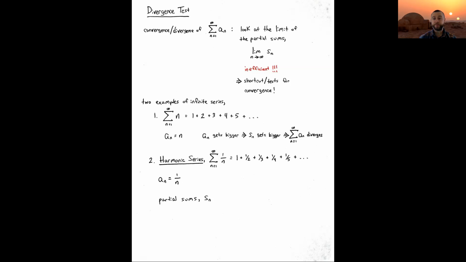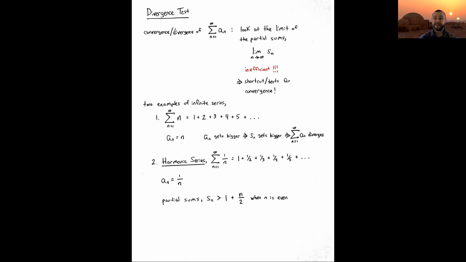One way to see this, which we're not going to go into detail about, is if you were to look at the sequence of partial sums in this case, trying to find a formula for S sub n is difficult, but what you can show or prove is that the term S sub n is always greater than 1 plus n over 2 in the case where n is even.